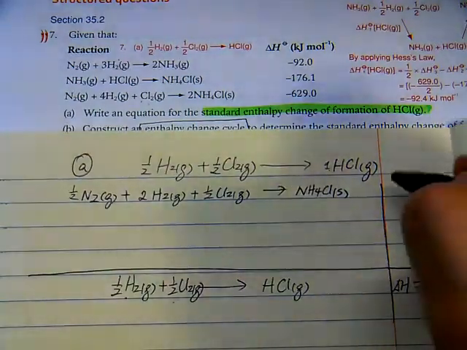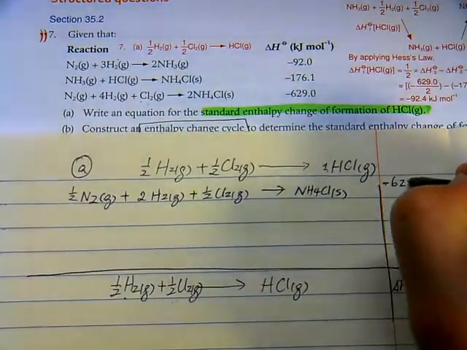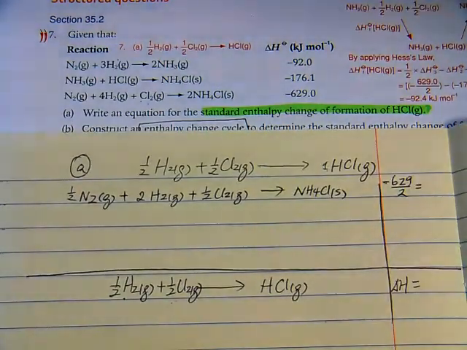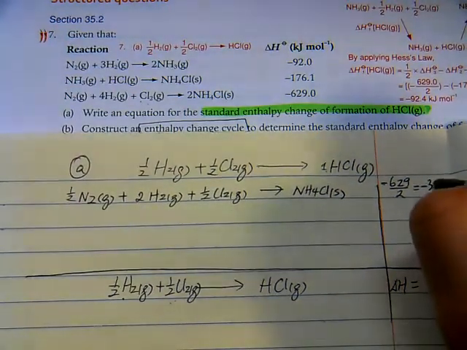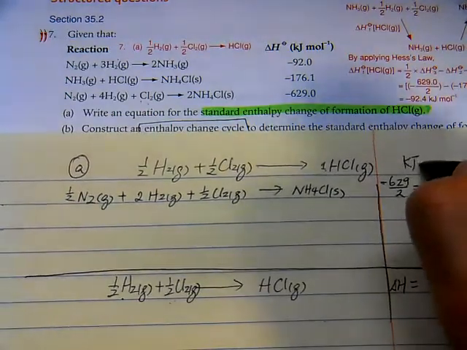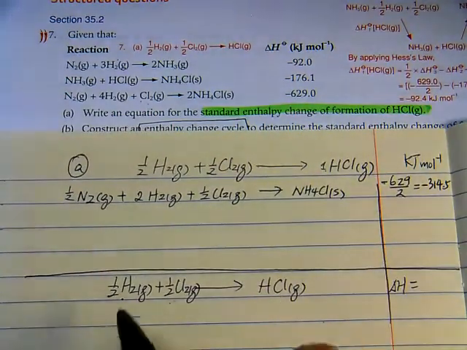In doing this, the delta H becomes negative 629/2. Do you understand? Which is negative 314.5 kilojoule per mole. Okay, can you follow?